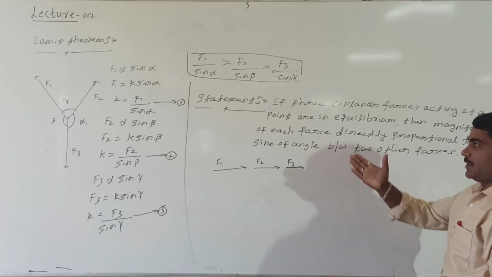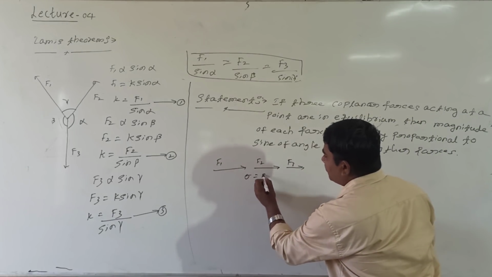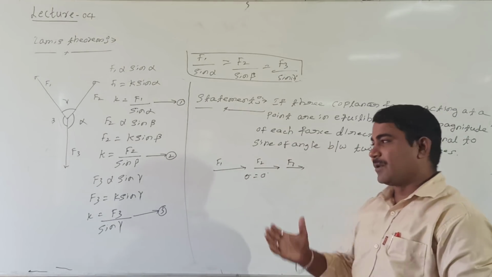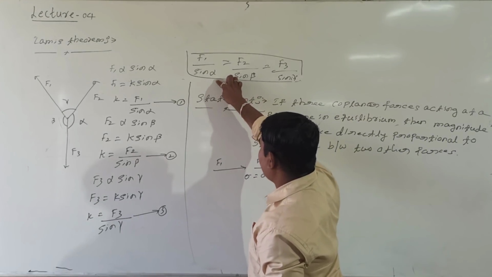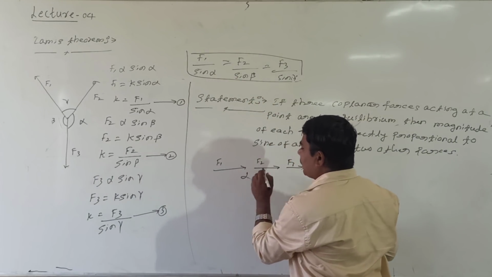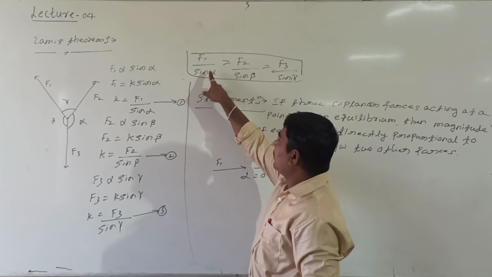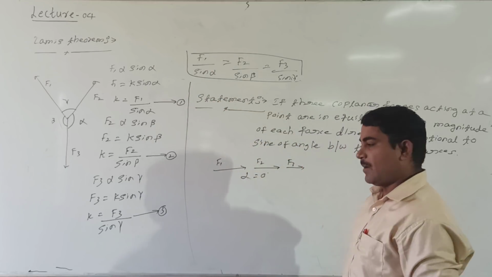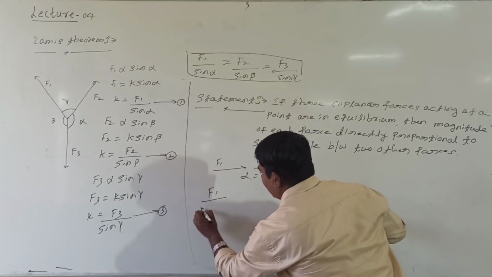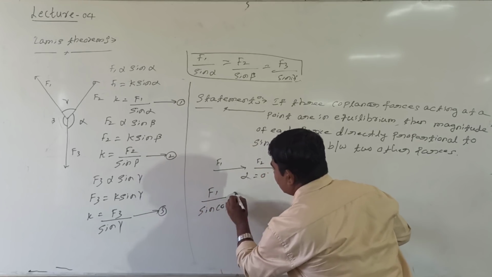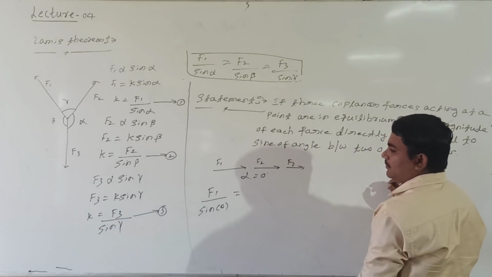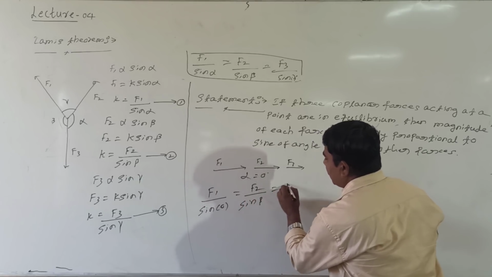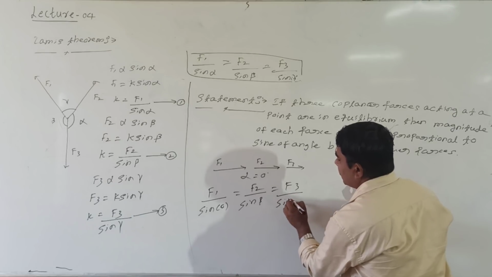Are you following, students? Then here, in between F1, F2 and F3, how much angle is available? 0 degree is available. Right or wrong? Then what happens here? If 0 is there, sine alpha, whether you take alpha, beta or gamma, is sine 0, which is 0. Any value divided by 0 is infinity, not defined. So F1 divided by sine 0 equals F2 divided by sine beta equals F3 divided by sine gamma. If this is sine 0, any value by 0 is infinity, so all become 0.